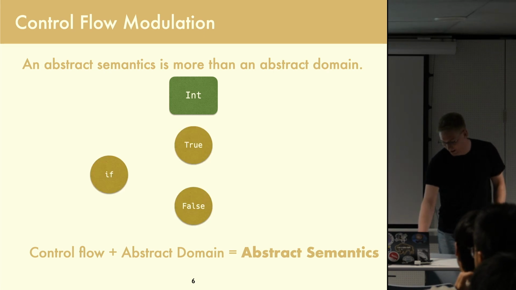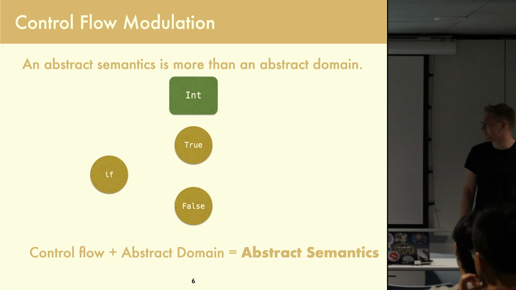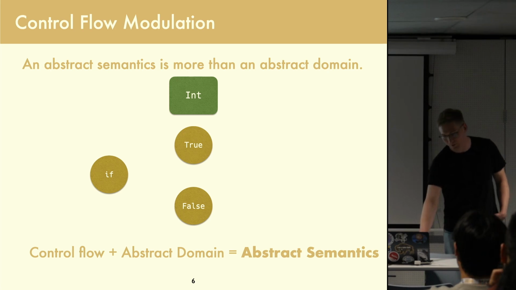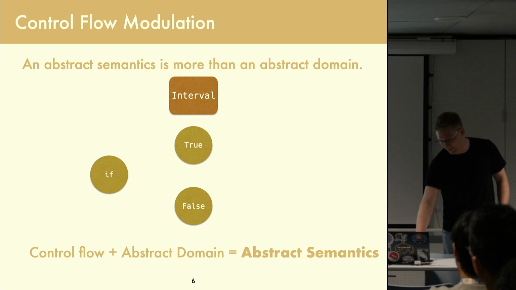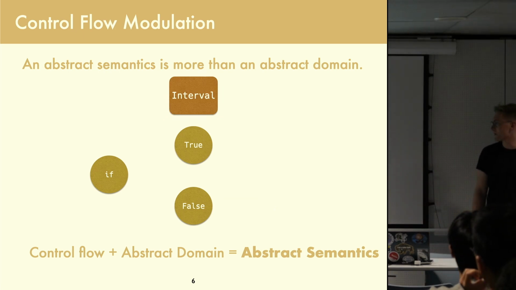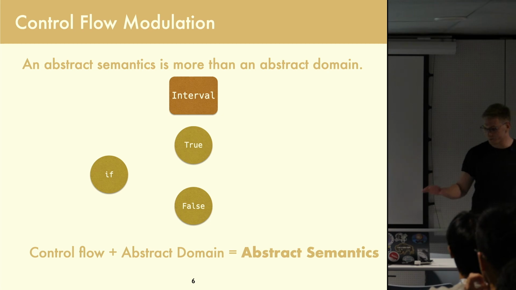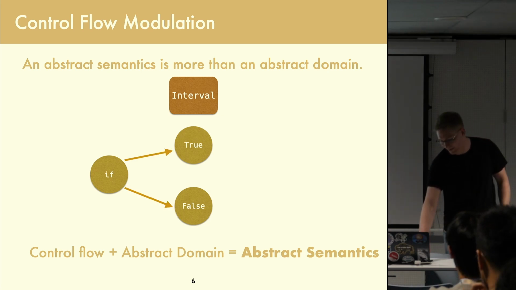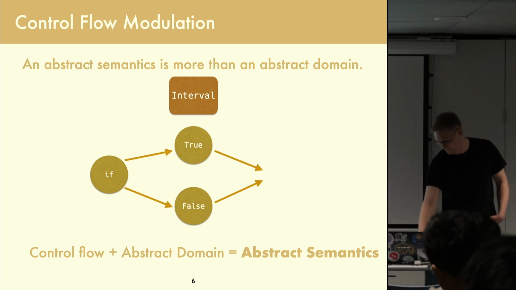For instance, in the concrete domain, if we encounter an if statement, we can go through the true branch or the false branch, but we can't go through both. However, for something like the interval domain, we don't always know if we're in the true branch or the false branch, so we have to evaluate both sides and then join their results.